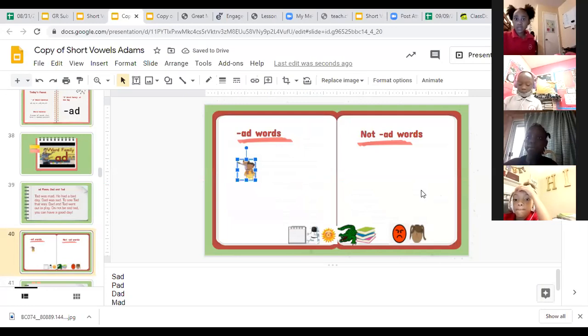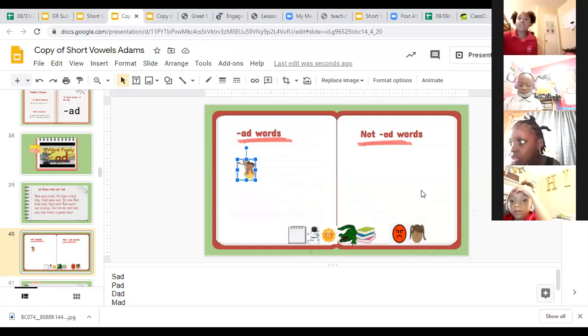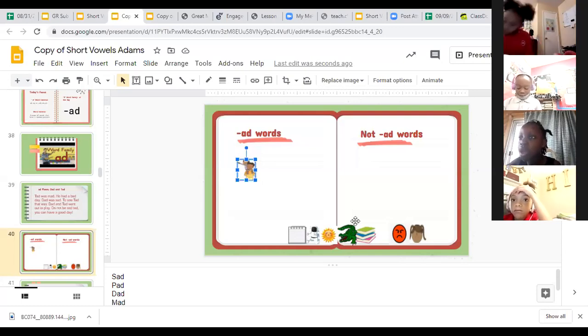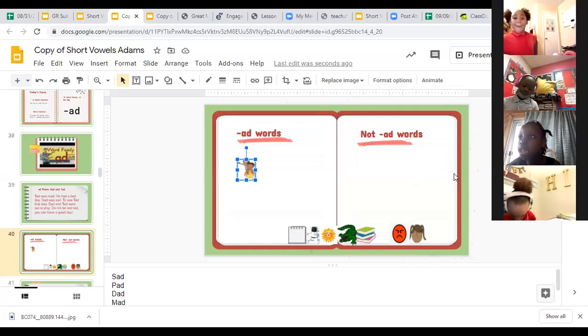Malia, what about alligator? Is that AD or not AD? Take it off mute. Malia, you know we don't say what. So is the word alligator an AD word family or not an AD word? No. Okay, thank you.